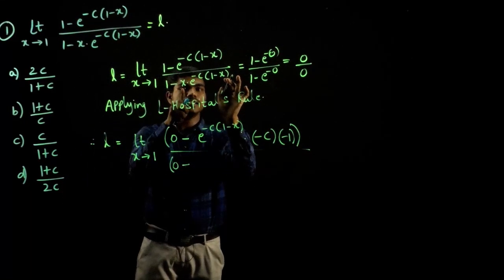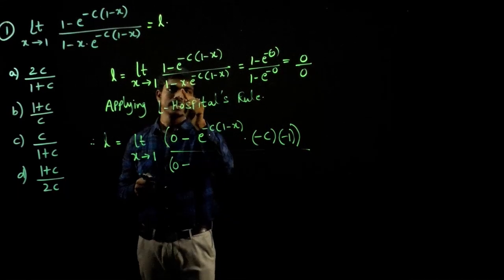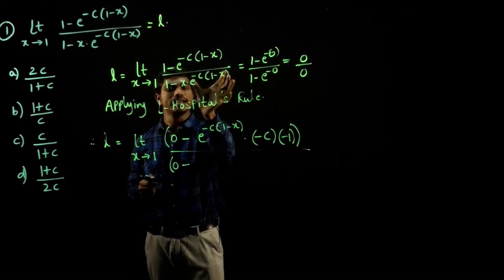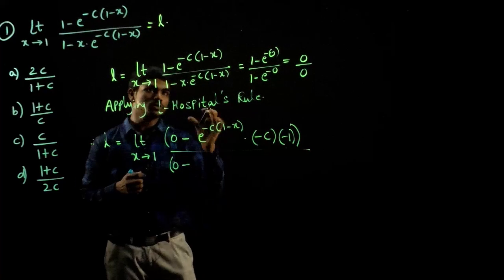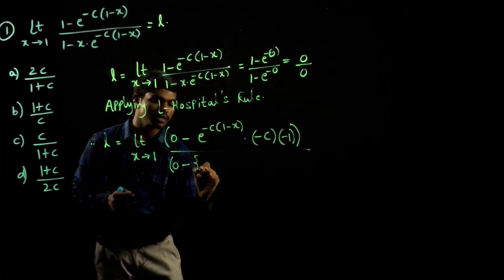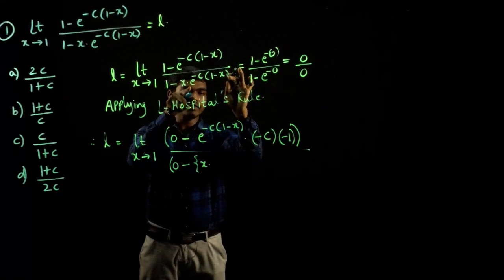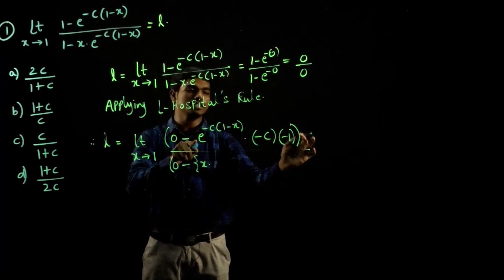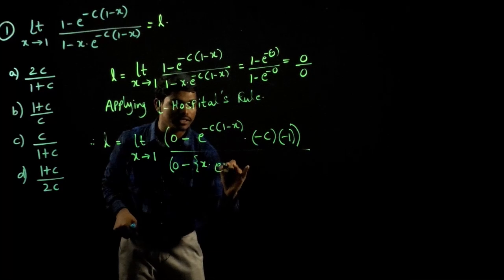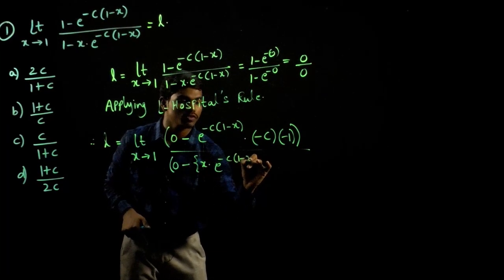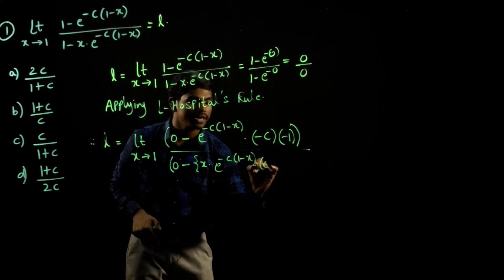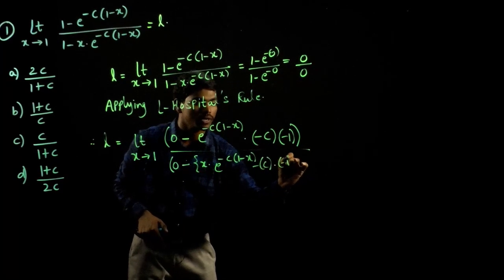Minus, now there are two functions involved here, one is x and the other is e power minus c into (1 minus x). So let us differentiate using the product rule: first function into differentiation of second function, and we have seen the differentiation of this part. So let us repeat that: e power minus c into (1 minus x) into minus c into minus 1.